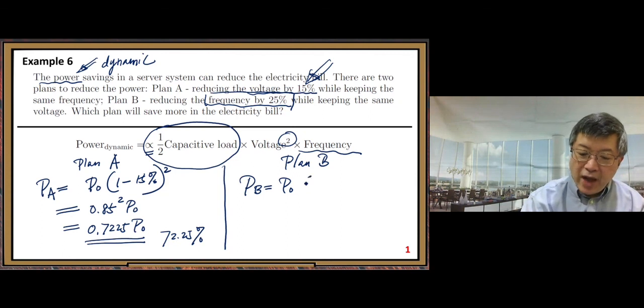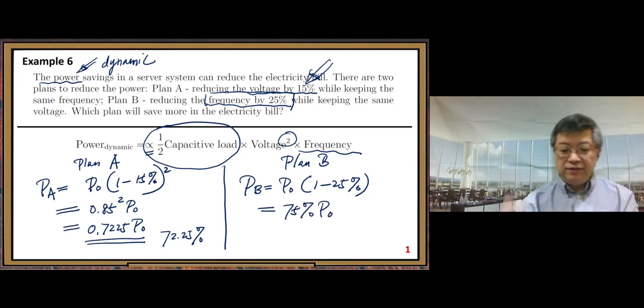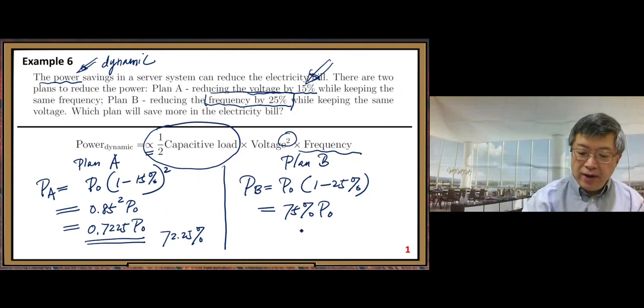So that is 1 minus 25%, which is approximately 75% of P0.